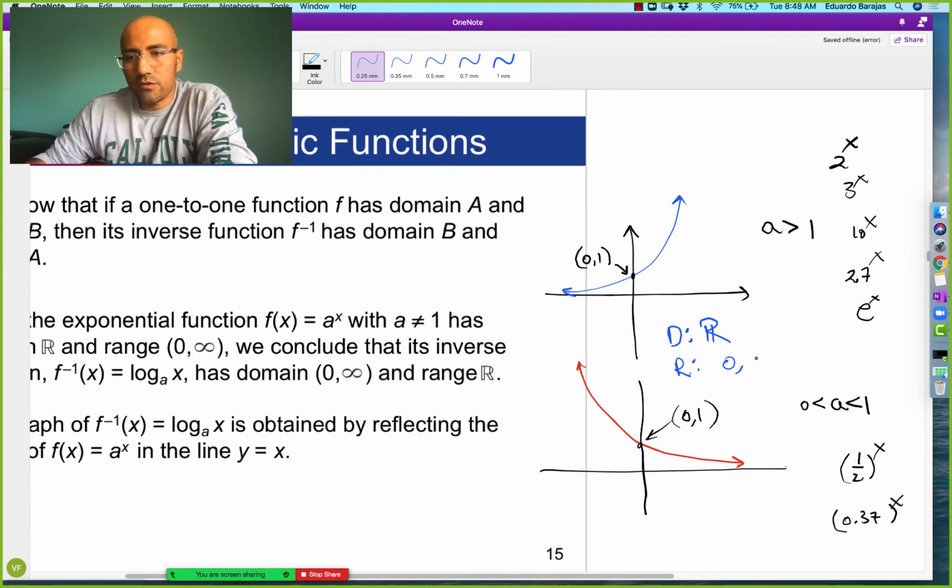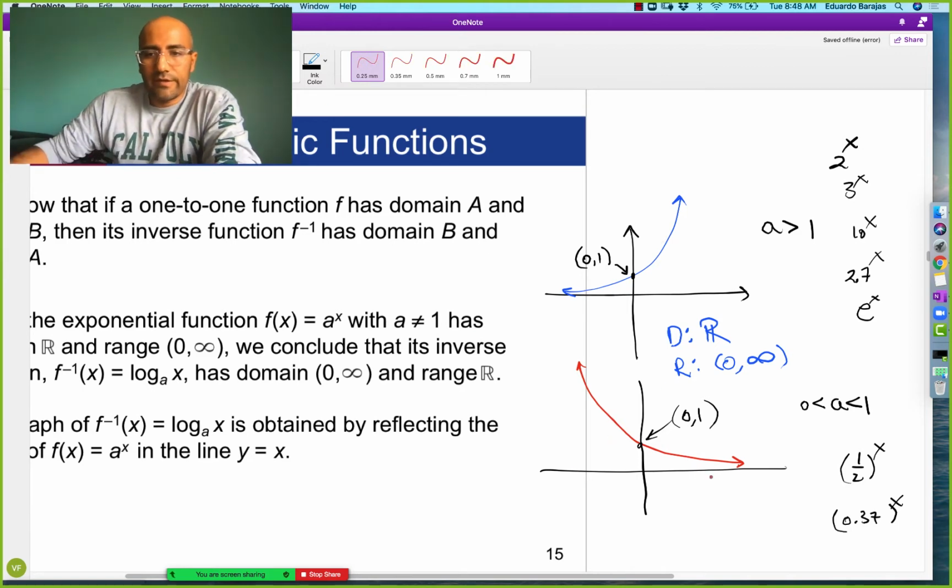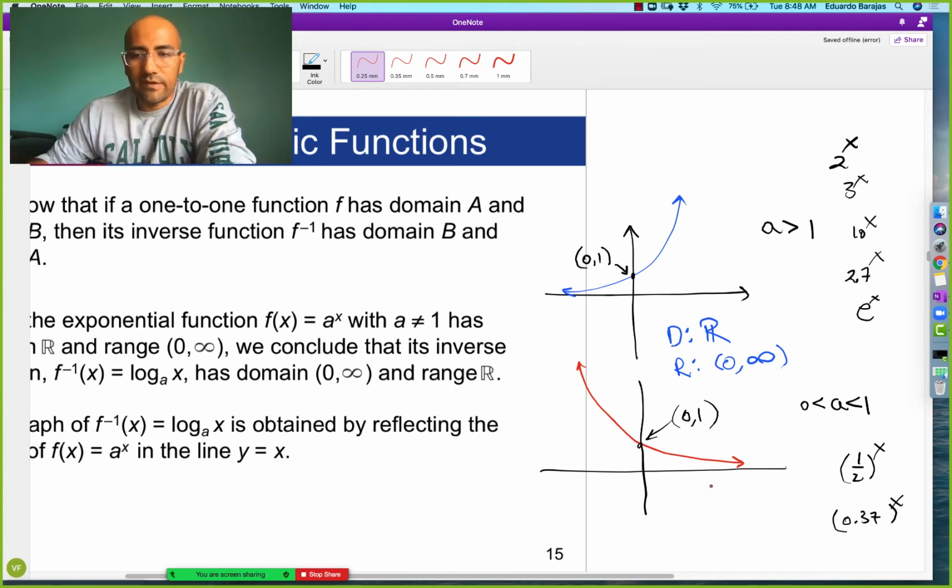From 0 to infinity. Not including 0, so put a little parentheses there, up through infinity. For this one, it's going to be the same thing, right? The outputs are a little bit different. The shape of the graph is different, but the domain and the range stay the same. The domain is all real numbers, and the range is from 0 to infinity.